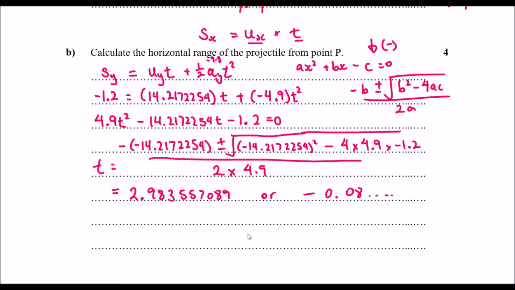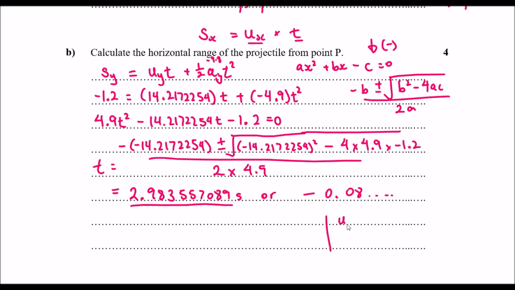So what we have here is the time it's taken for it to go from launch to the bottom, falling at a distance of 1.2 meters overall. Okay. All right. So the last thing we need to do is now find the horizontal velocity.